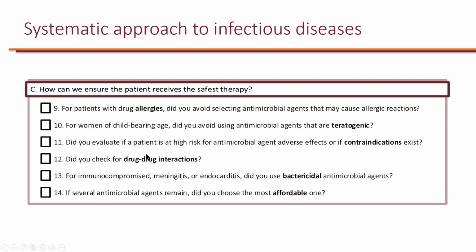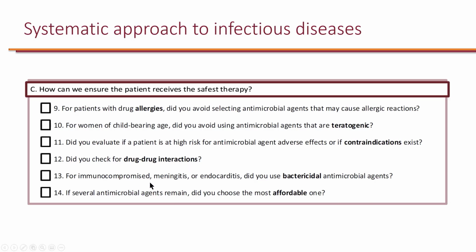And then you want to evaluate if a patient is at risk for antimicrobial agent adverse effects, or if other contraindications exist. So check for any contraindication for each antibiotic. And then you want to check for drug-drug interactions, depending on what other drugs the patient is on.